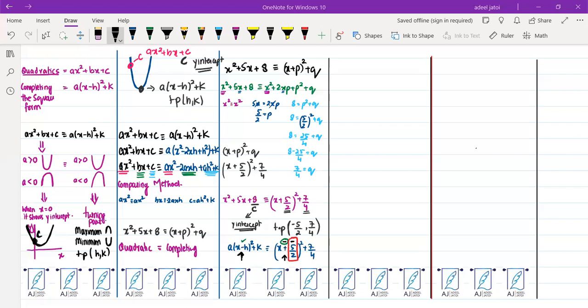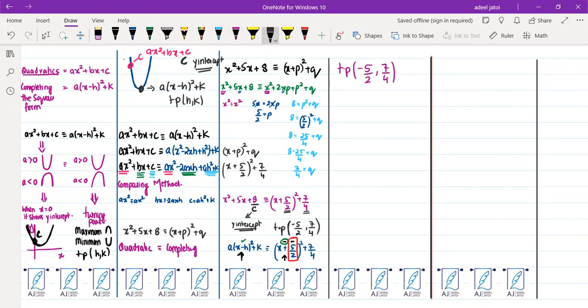Since we have x plus 5 upon 2 plus 7 upon 4, we know that the turning point is minus 5 upon 2 comma 7 upon 4.